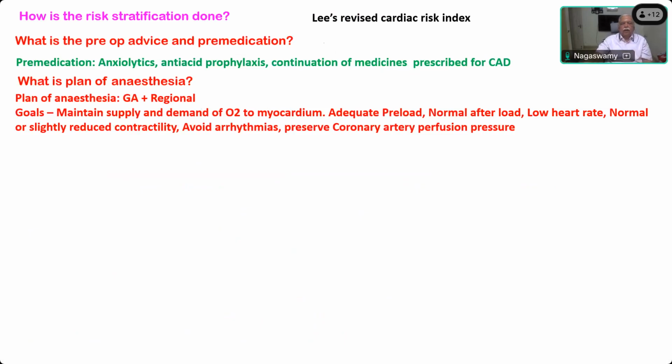So the maintenance of diastolic pressure is very, very important for coronary perfusion. If there is a drastic fall, especially after a subarachnoid block in a coronary disease patient, if the starting BP is 120/80 and it falls to 90/40, your coronary perfusion will be very badly affected, because it depends on the diastolic blood pressure minus the aortic pressure.